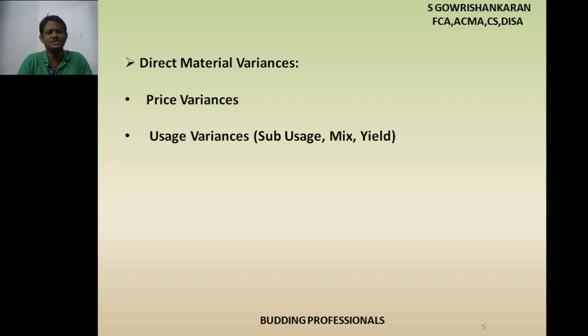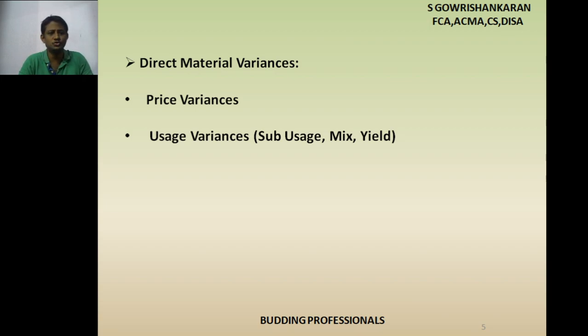Usage variances. What is the meaning of usage? Usage means how much you have to use. How to relate it with material? How much material should you use for producing this product? For example, you have to use 100 kg, but you actually used 110 kg.